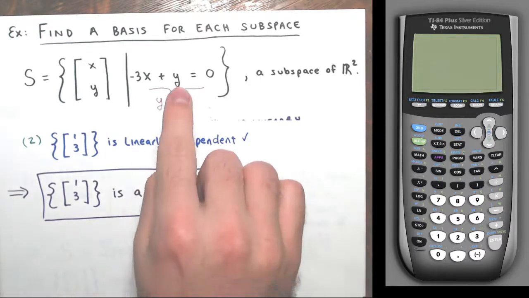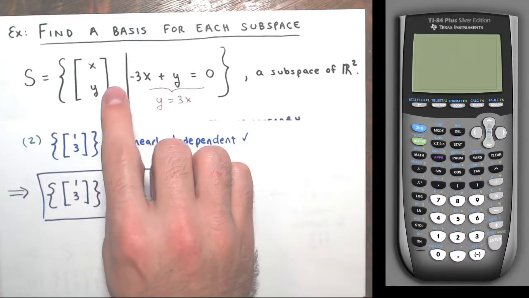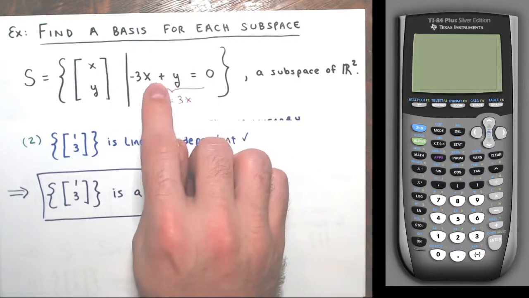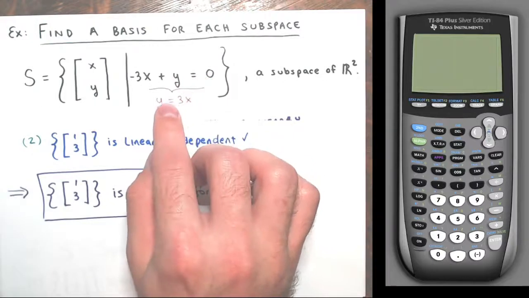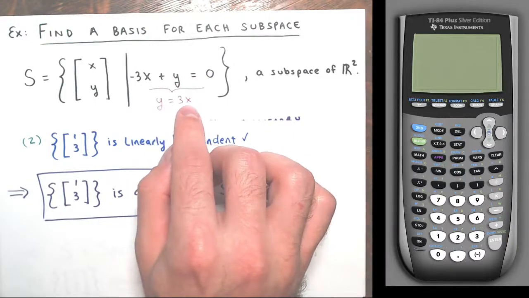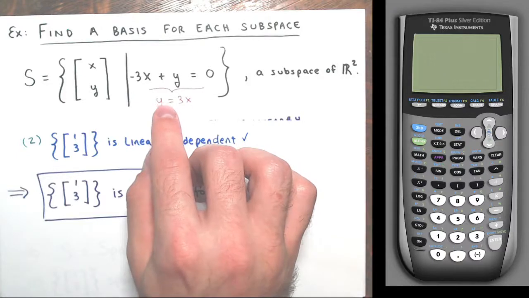So you see what I did when I looked at a subspace that's defined by an equation. I solved the equation for one variable. So y equals 3x, and in this equation, x would be considered a free variable. I can pick whatever value for x I want, and then y has to be fixed.